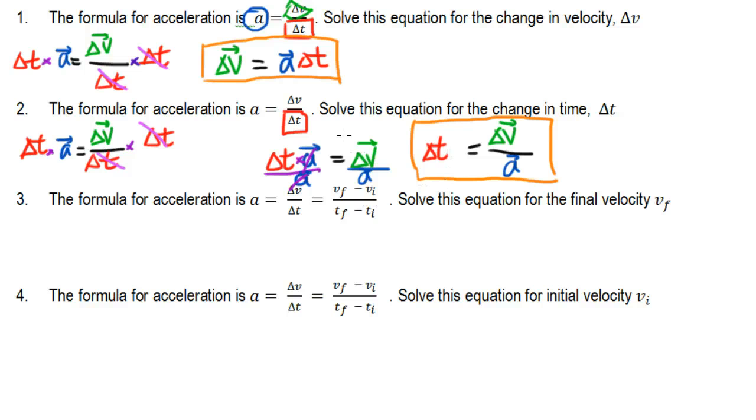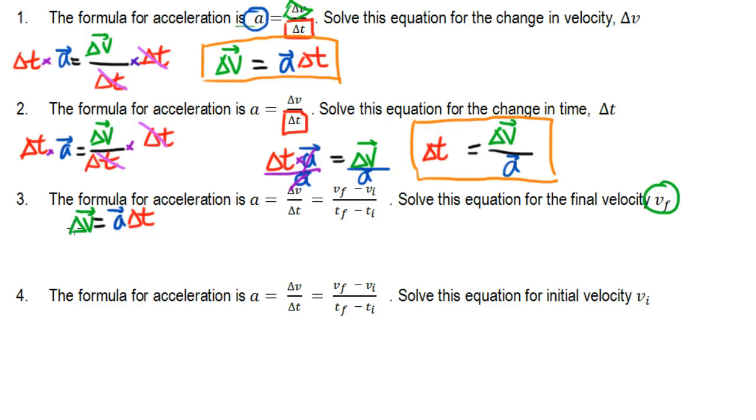Now we're going to move on to a bit more involved manipulation of this equation, and that's solving for v sub f, which stands for final velocity. Remember, when we talk about this equation here, delta v equals a times delta t. We know that delta anything is change.